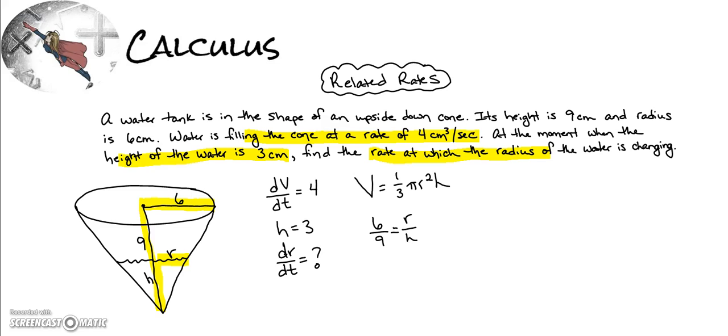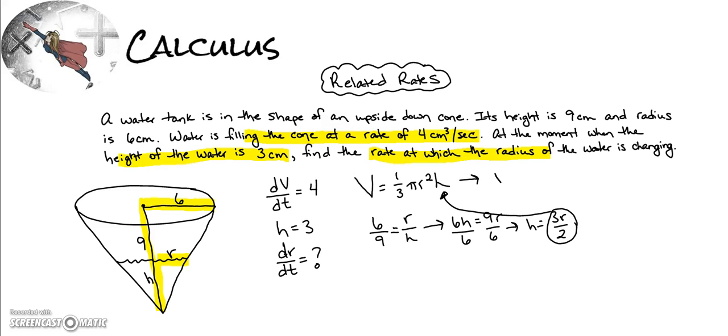And since I want to take the h out of my volume, I'm going to get the h alone in this equation. So first I cross multiply. 6h equals 9r. And then I get h completely alone. So I have h equals 3r over 2. I just reduced that. And I'm going to take this expression for h and substitute it into the h up here.